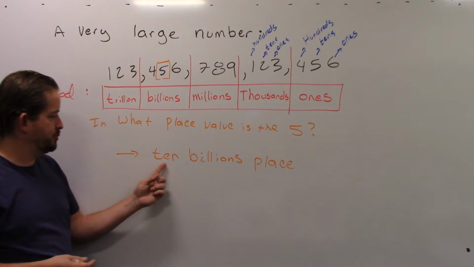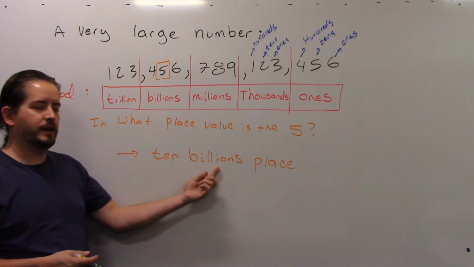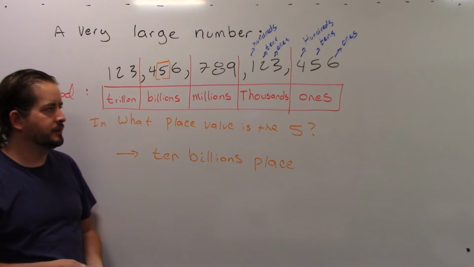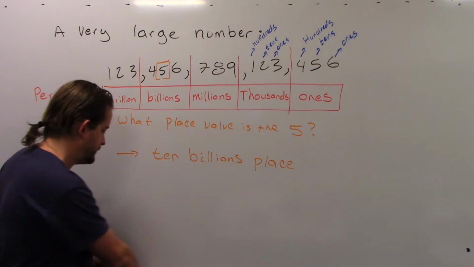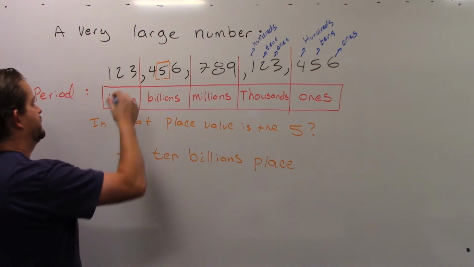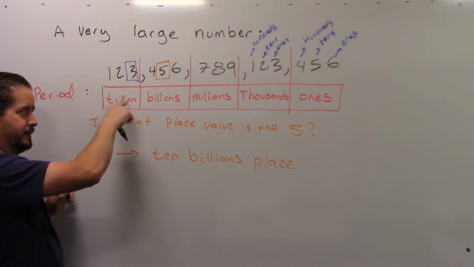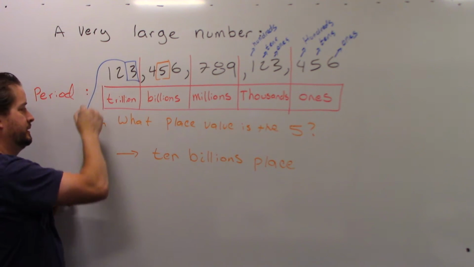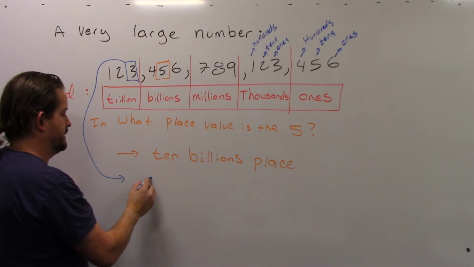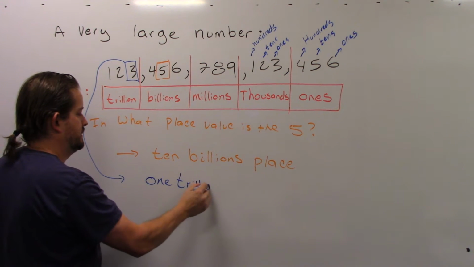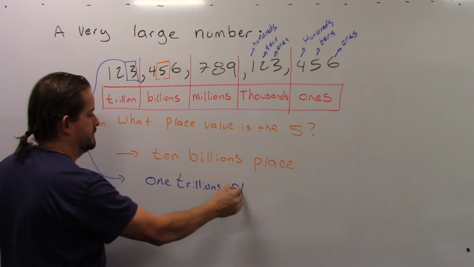So you just say which place it is in that period, followed by that period. It's in the tens place in the billions period, it's the 10 billions place. Right? This 3 right here is in the ones place in the trillions period. So it is in the 1 trillion place.